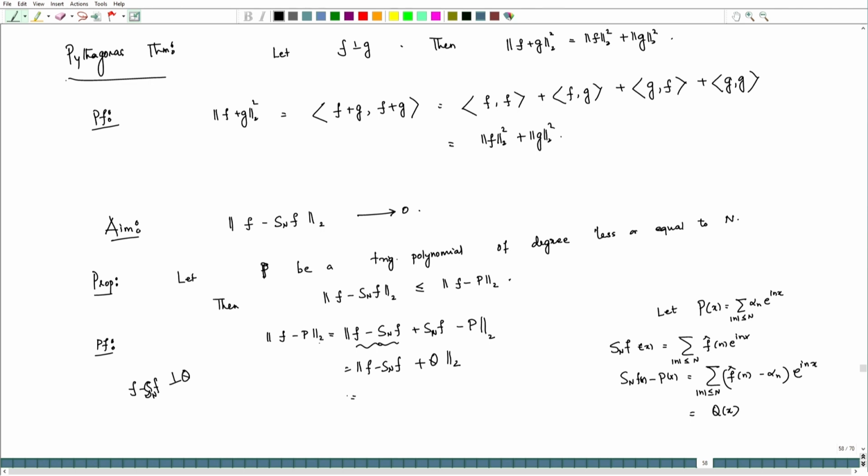Therefore, by Pythagoras theorem, squaring both sides, the norm of f minus p squared equals the norm of f minus S_n f squared plus the norm of q squared, and the norm of q is a non-negative quantity.